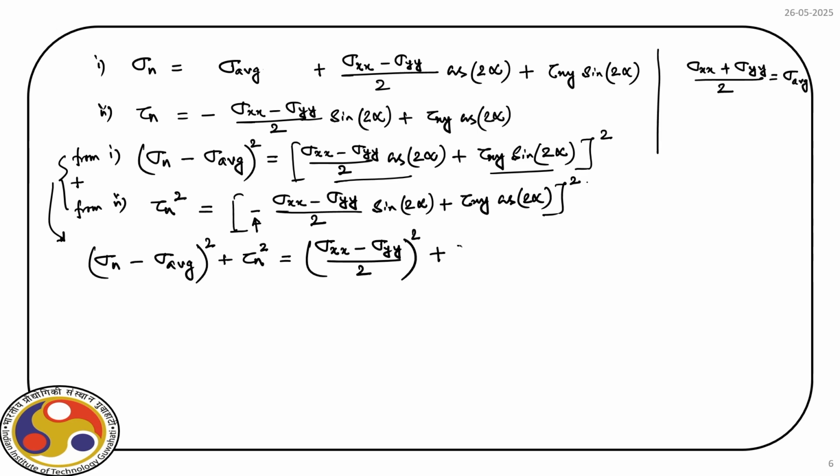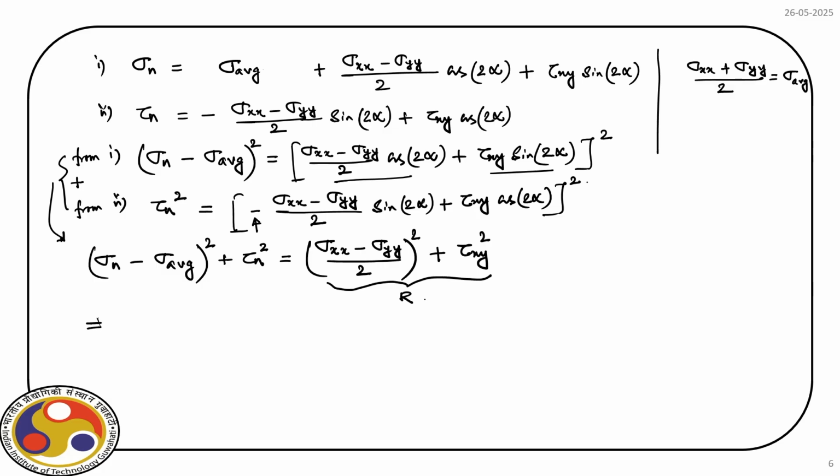The last term, tau xy square, will be common, then again cos square 2 alpha plus sine square 2 alpha will be 1. So, the right hand side is basically this quantity, which is r square, right.